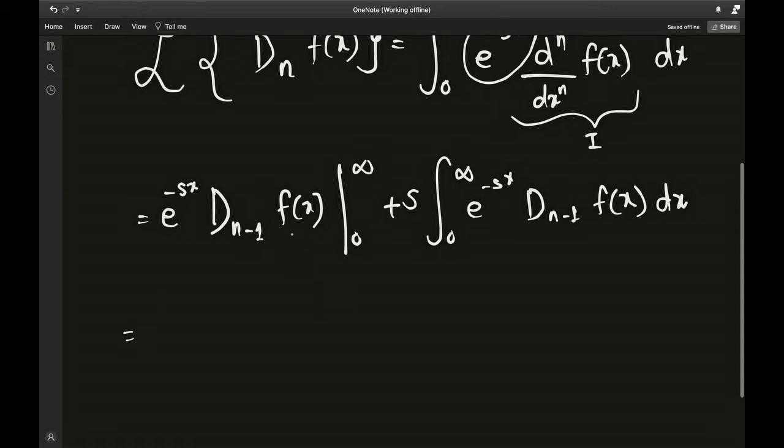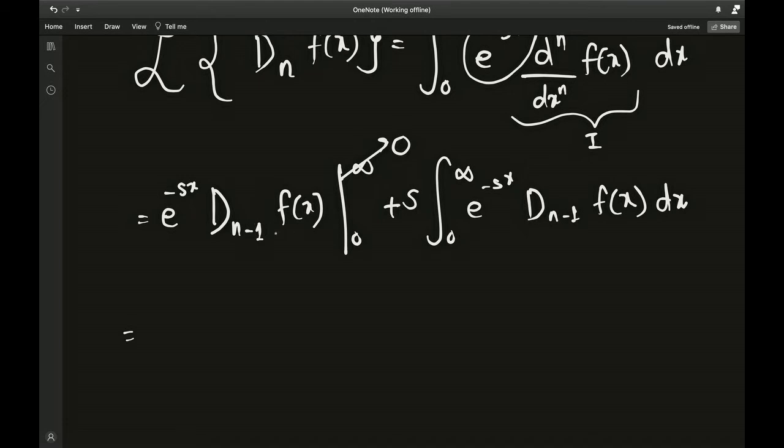Okay, so at infinity, this exponential is going to decay so hard that whatever the n minus 1th derivative of f of x is, an exponential decays the fastest. So the denominator will become really heavy and it will all go to 0.